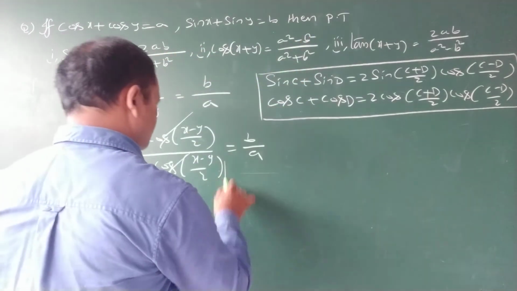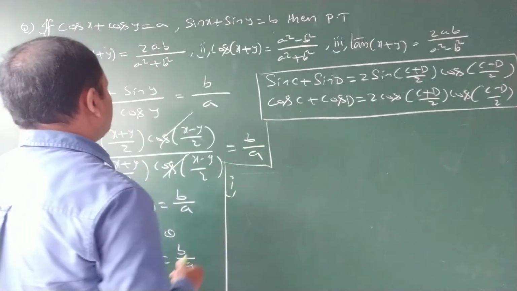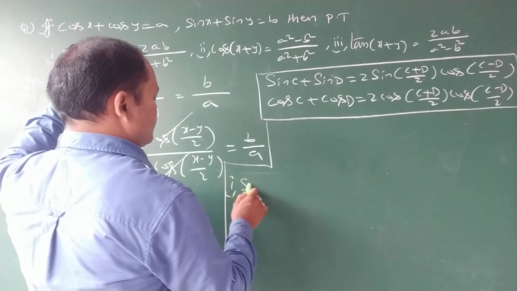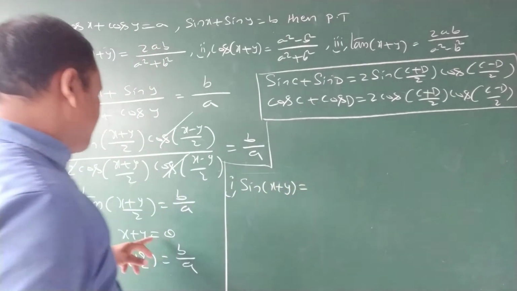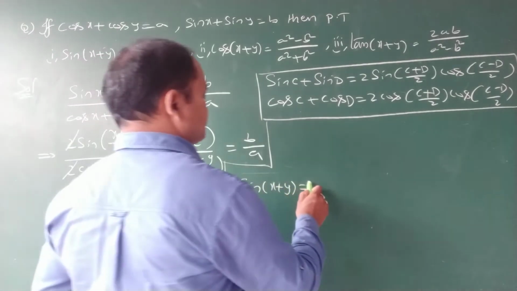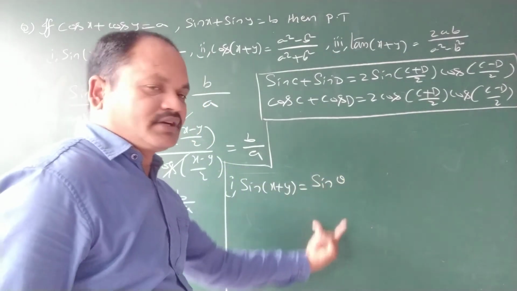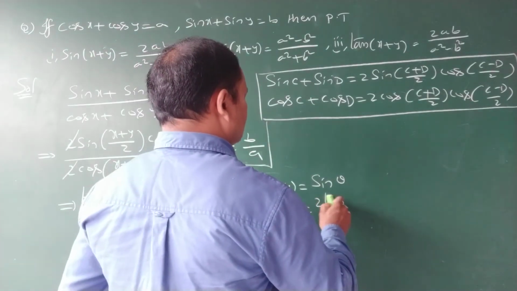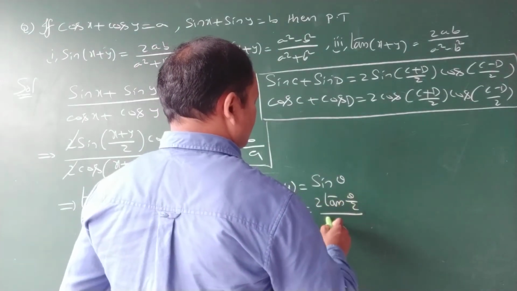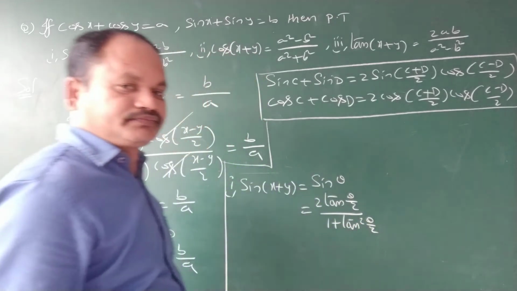So from the first one, what is the first one? sin(x plus y). x plus y is theta, that means sin theta. Sin theta in terms of tan is 2 tan(theta by 2) by 1 plus tan square(theta by 2).